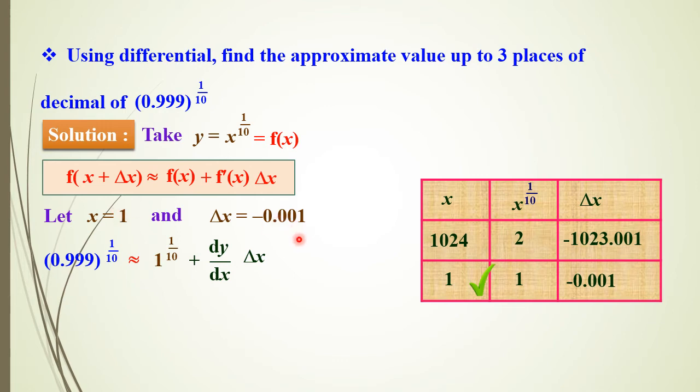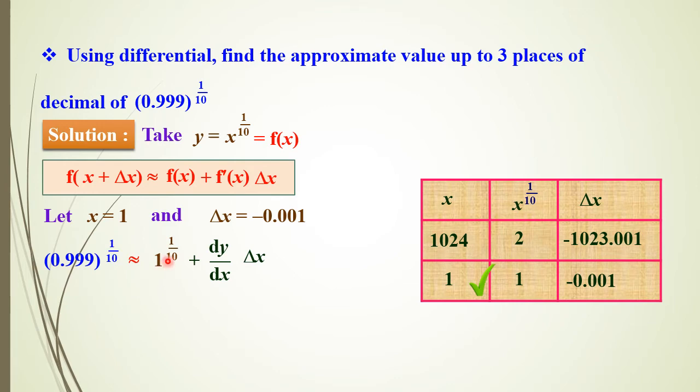After considering x equal to 1, delta x equal to minus 0.001, whatever procedures we adopted for all the previous sums, the same procedure is adopted here also. So first x plus delta x: adding 1 and minus 0.001, we get 0.999 whole raised to 1 divided by 10.